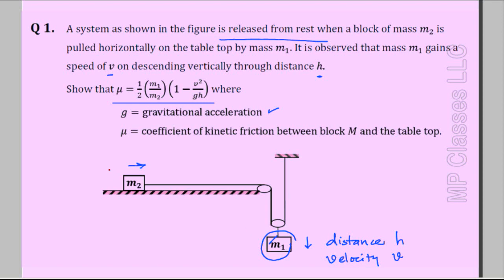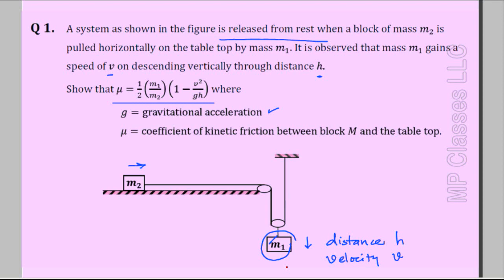As soon as you release the system, because of the weight, the block M1 starts moving down. So it has only potential energy to start with. If you recall, potential energy is due to height or configuration. So the configuration is such it's held in position. If you release it, it starts moving.